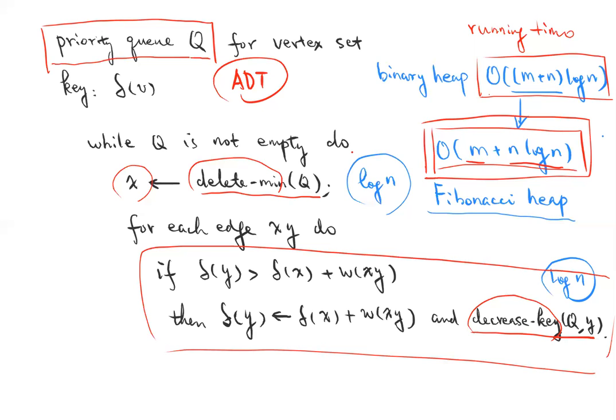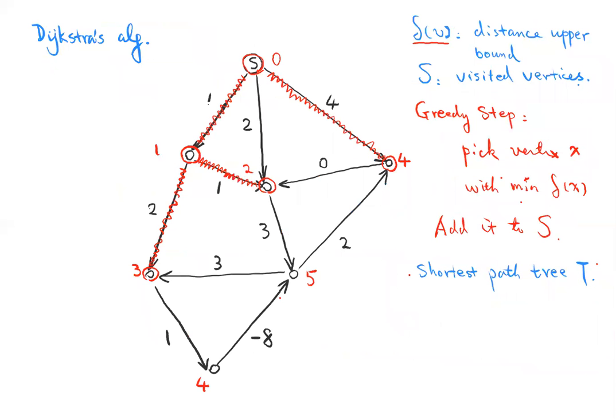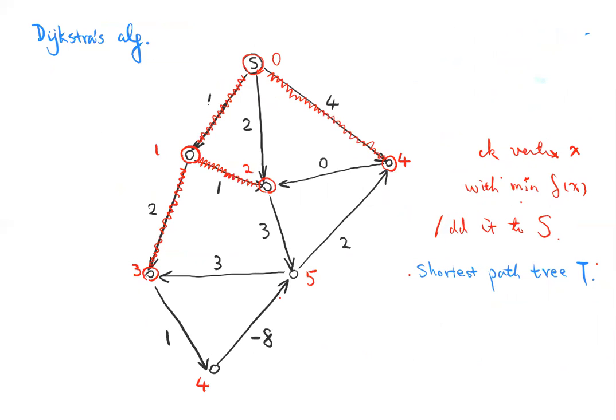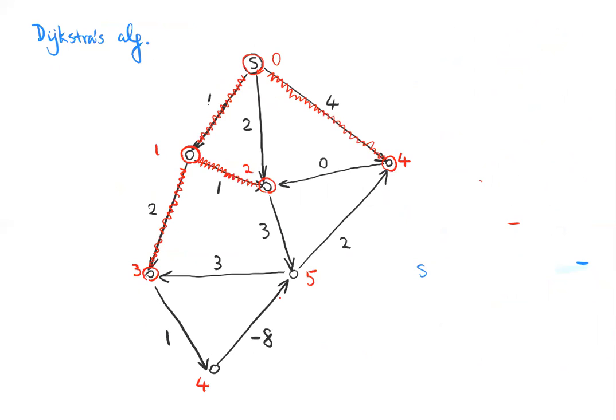All right. Now we go back to the example to see if it really works. So it seems it makes sense and it should work. And we have an algorithm and also implementation. But does it really work?